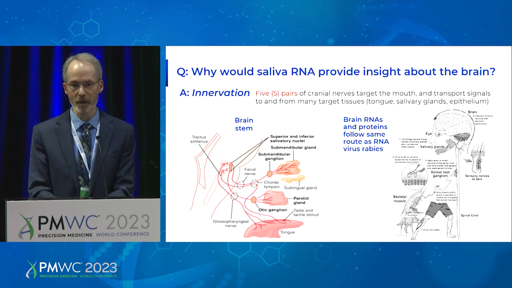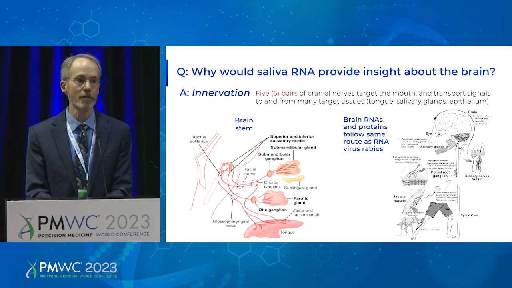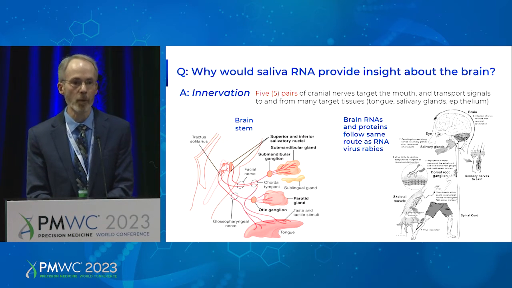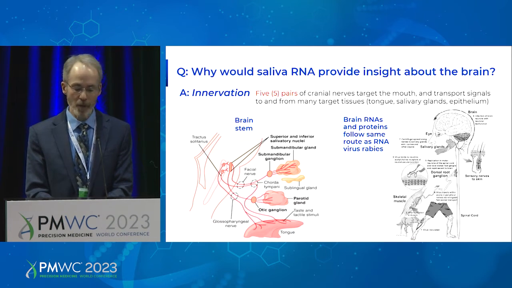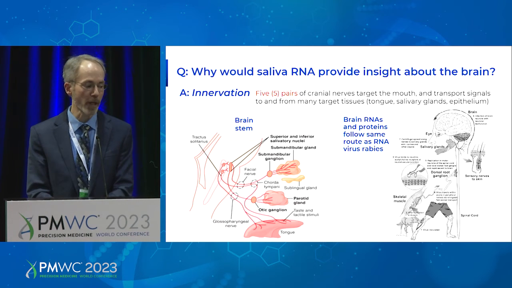These nerve paths are not new. They're the same nerve paths that the RNA virus rabies uses in order to infect the salivary glands when an individual person or animal happens to have been bitten. So these pathways are well worn. They provide the opportunity for RNA to be deposited in the salivary glands as a result of brain activity.